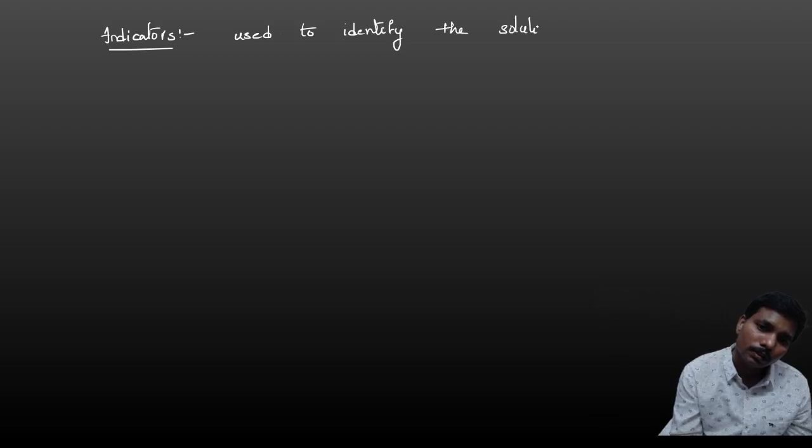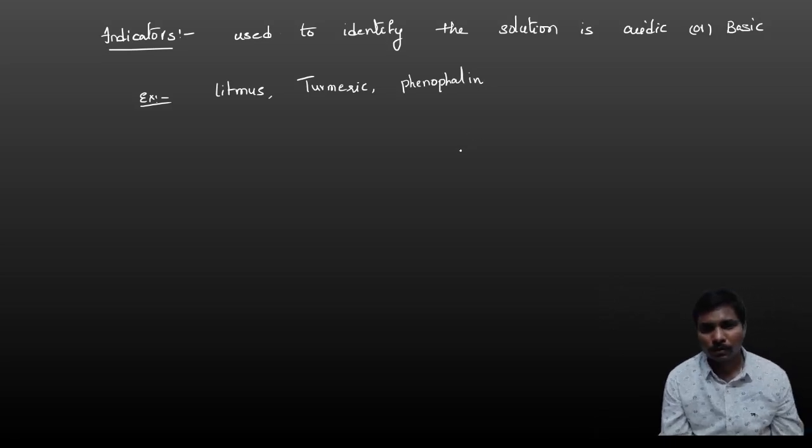Indicators are used to identify whether the solution is acidic or basic. Okay, what are the examples? Litmus paper, turmeric, phenolphthalein. Phenolphthalein is a synthetic type. Important.